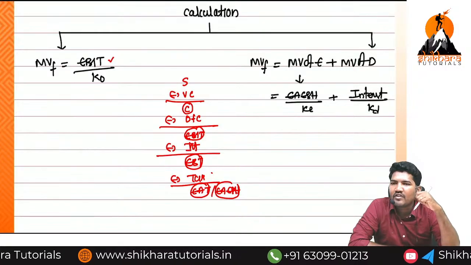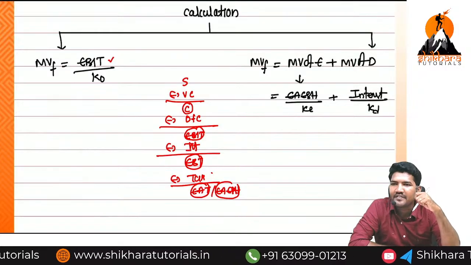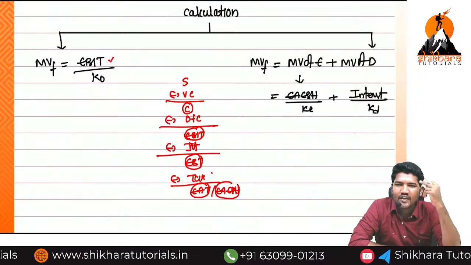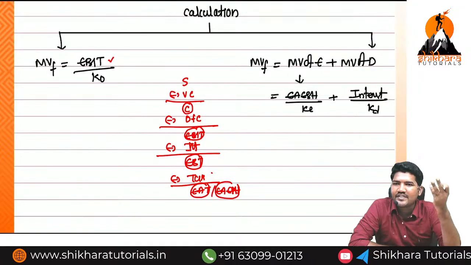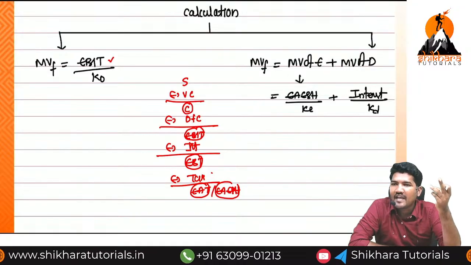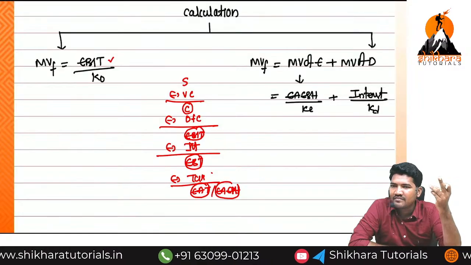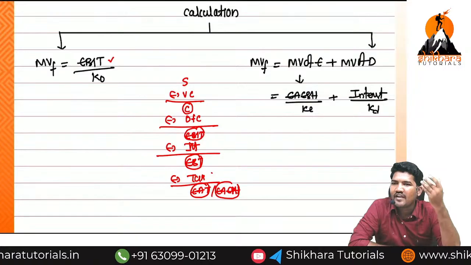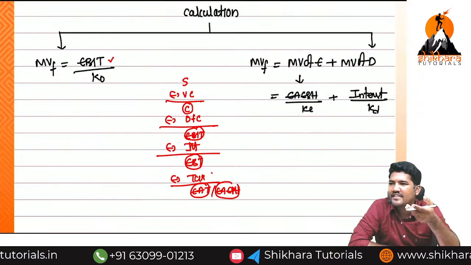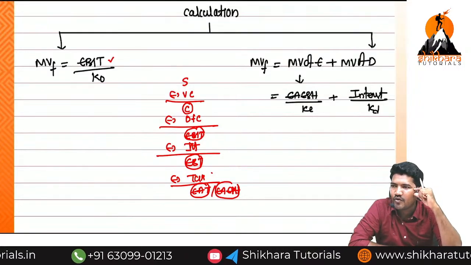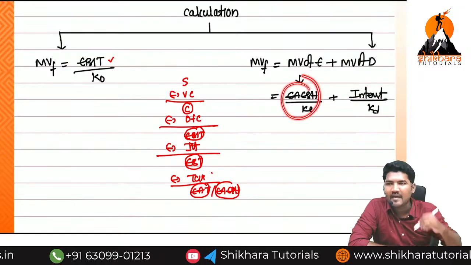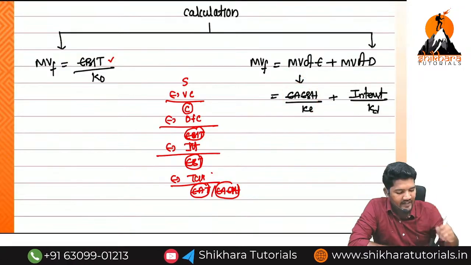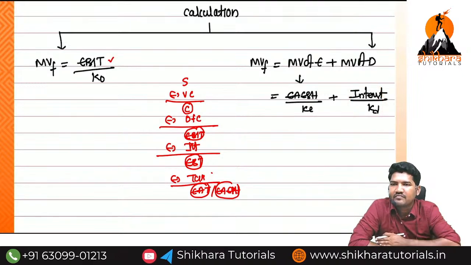In your income approaches, the discounted cash flow method is there, and the earning capitalization method is there. You already did it in your earlier stage, but you didn't know it was earning capitalization. Here also equity earning capitalization, and here interest capitalization.